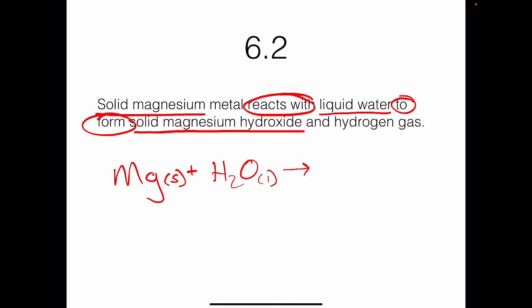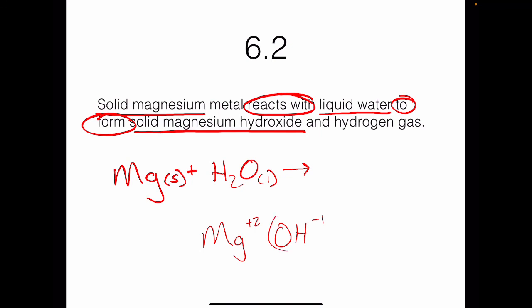We know "to form" means the arrow. Solid magnesium hydroxide. So we know that according to the periodic table, again, this is just from how we were able to label the columns based on the number of valence electrons and the charge they would form, that magnesium has a charge of +2. We know hydroxide is OH, both capitalized with a charge of -1.